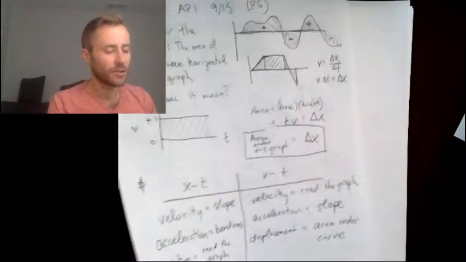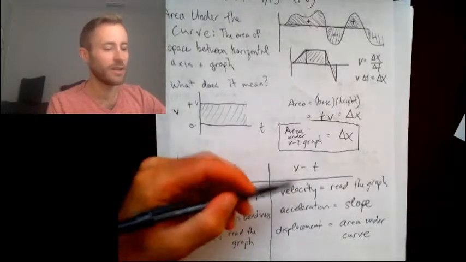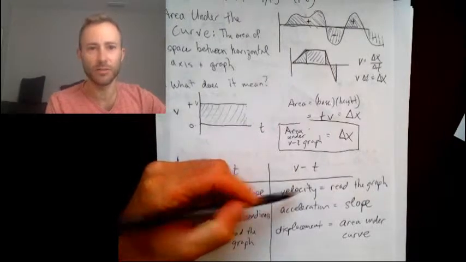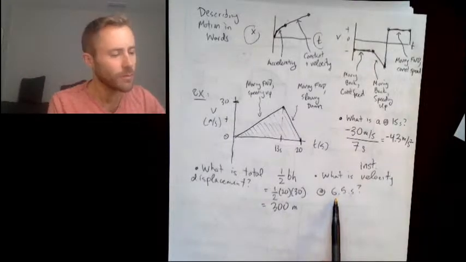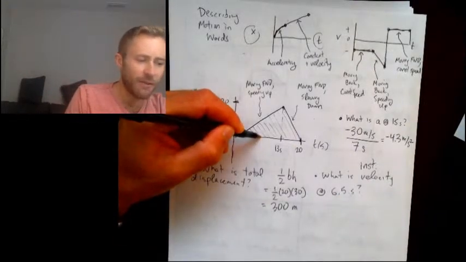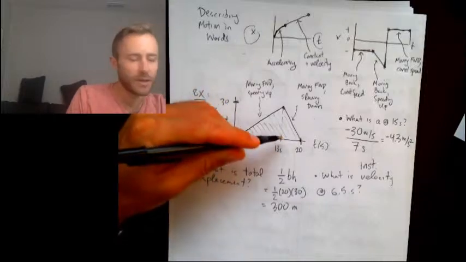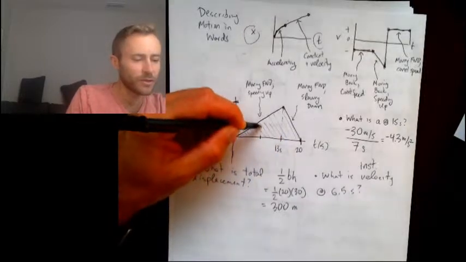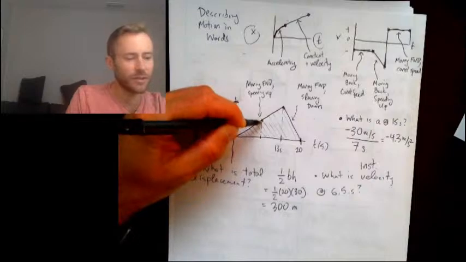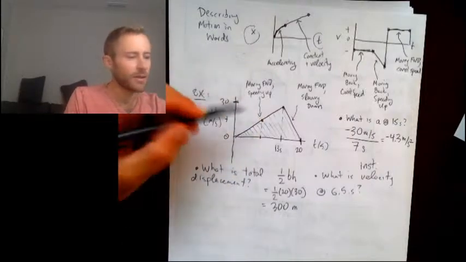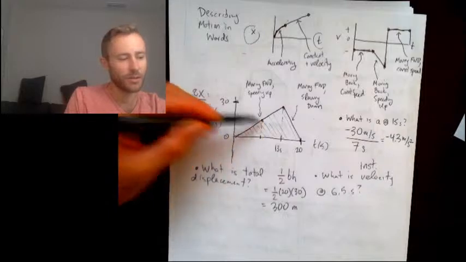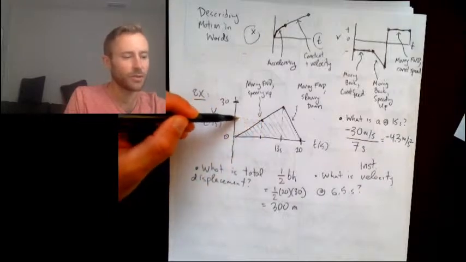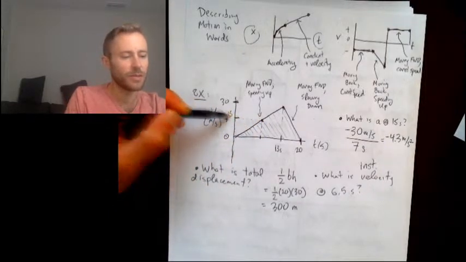So if I have a velocity time graph and I want to get the velocity, all I have to do is read the graph. Okay. So 6.5 seconds. That is exactly halfway in between 0 and 13. So what I'm asking for is, what is the velocity right there? Okay. And if it's halfway in terms of time, it's going to be halfway in terms of velocity. So this would be 15 meters per second.